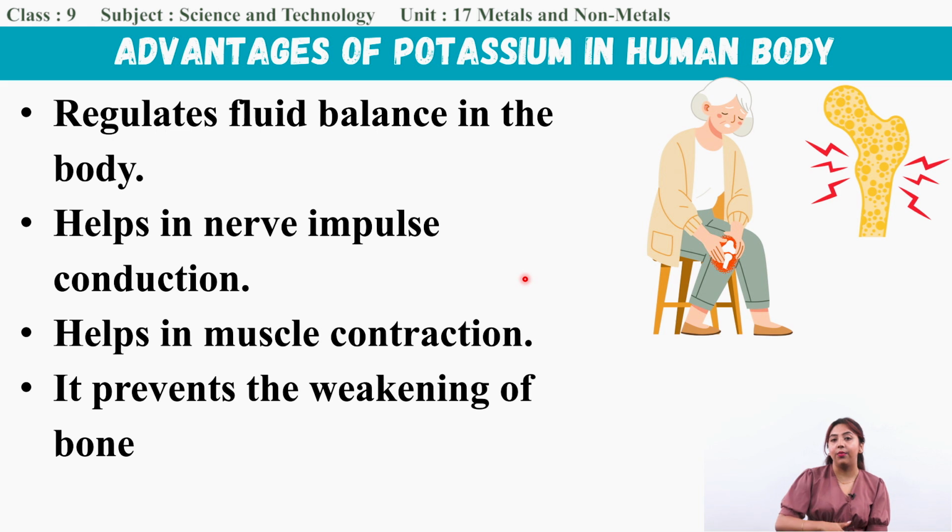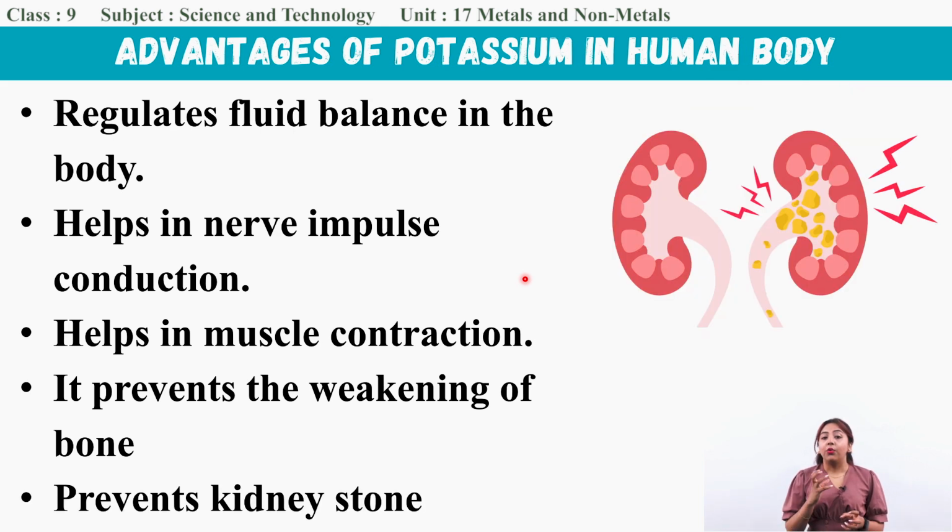If there is less potassium in the body, it cannot retain the calcium that is necessary for our bone to stay strong. So if we have potassium deficiency, calcium gets lost from our body through urine, our bone becomes weaker, and we may suffer from osteoporosis.